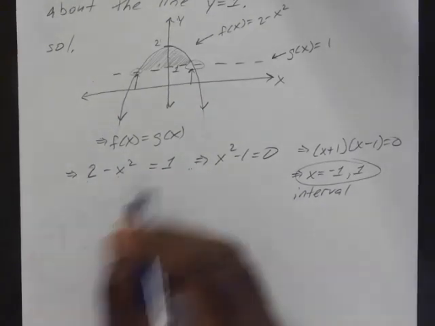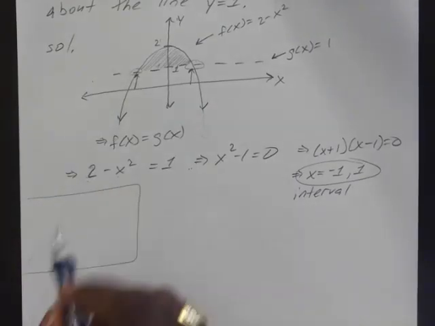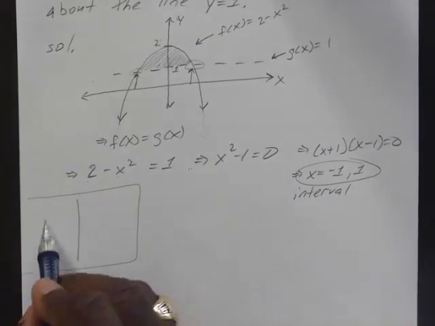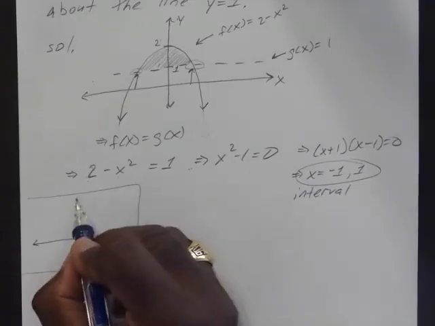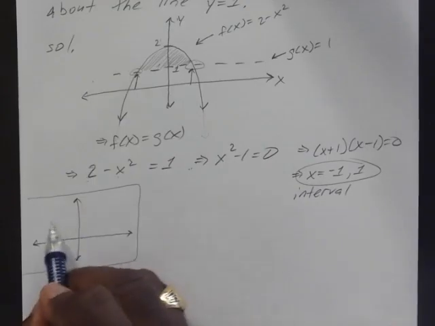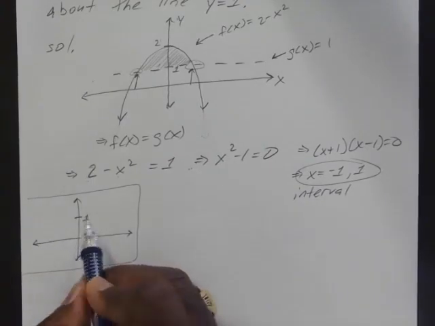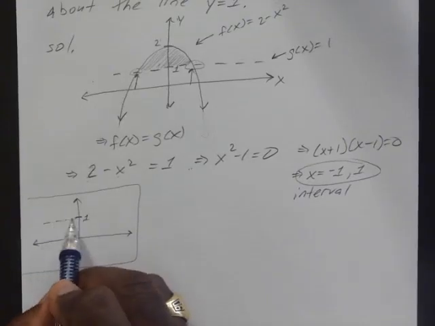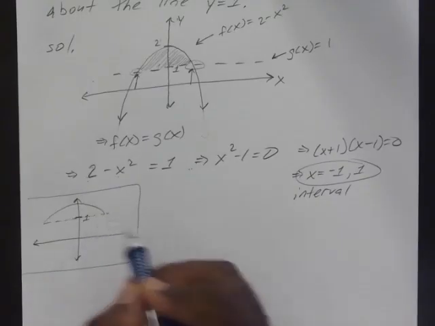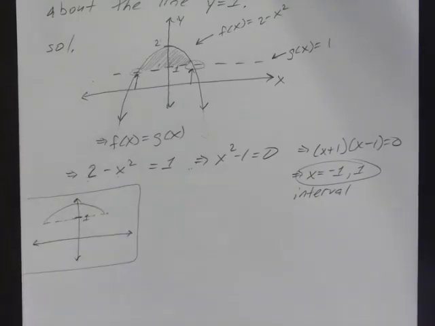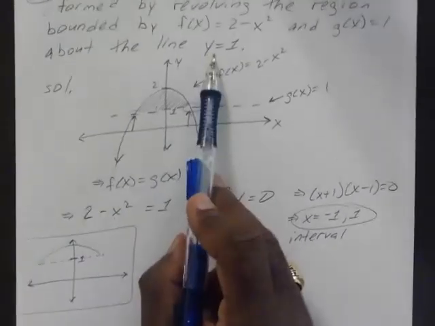Okay, so I'm going to make a quick little sketch here. We know right along where g of x is equal to 1, we're going to revolve it around the line y is equal to 1.